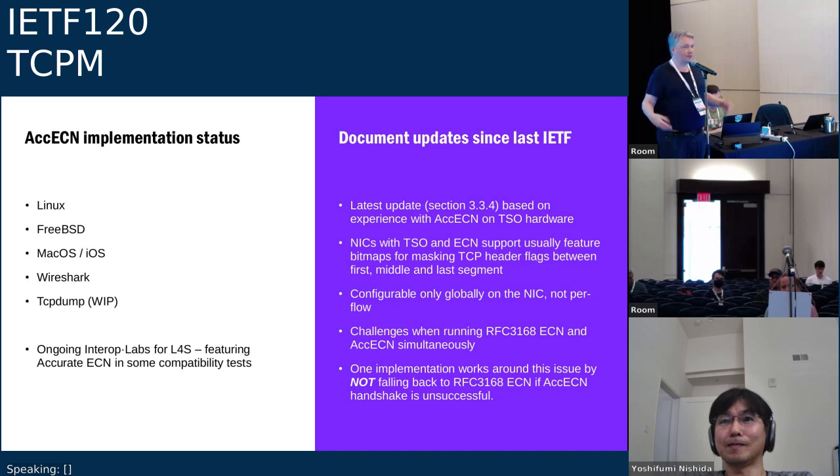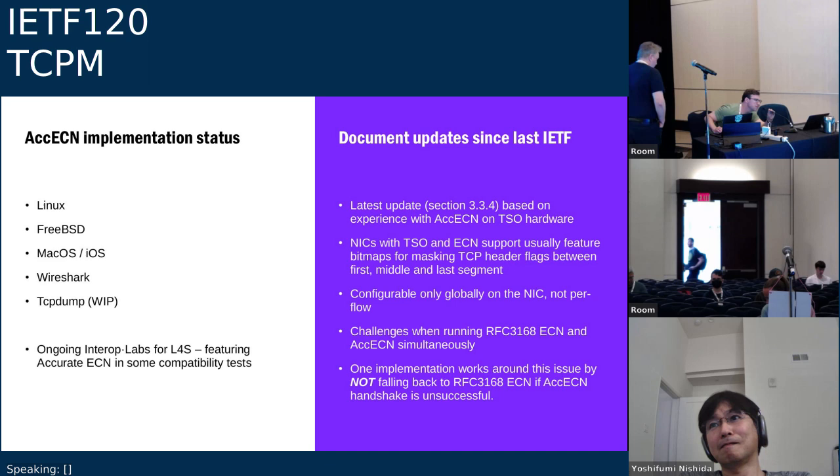But it's one person, and there is a way to avoid the problems the person is bringing up that will be documented in the Shepherd write-up, and that has been agreed with the AD. So the document will be shipped with this caveat. From remote, any comments? If not, then we can move on. Thank you.